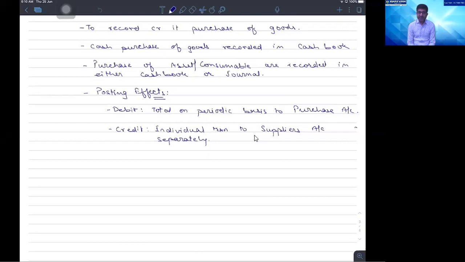The cash purchases, as we have already observed, are recorded in the cash book and not in the purchase book. Therefore, if you want to have all the purchases for the year, you need to prepare a separate purchase account. And that's what we have been doing here.